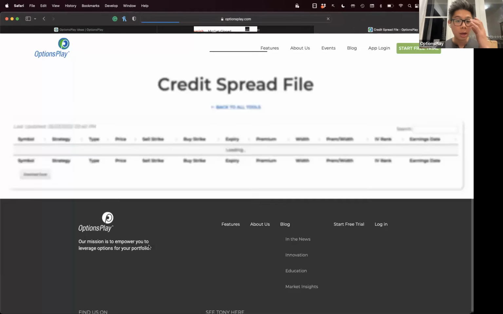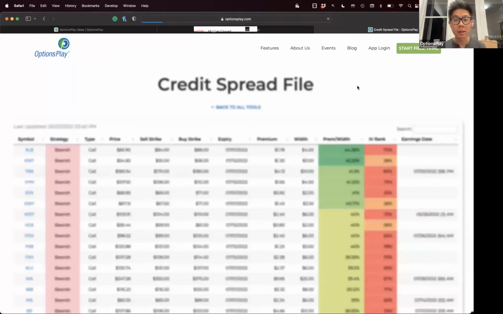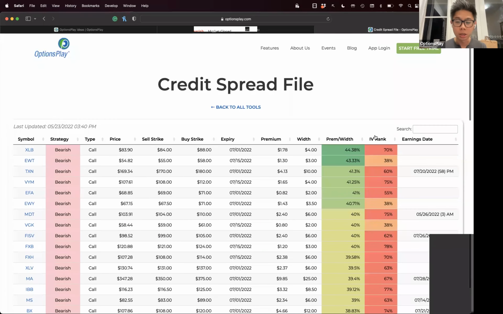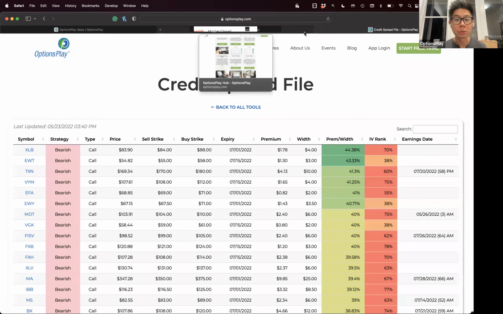You no longer need to manually log into these tools. I know a lot of you have in the past told us that you hate the fact that you have to log into the hub again, even though you're logged into the platform.